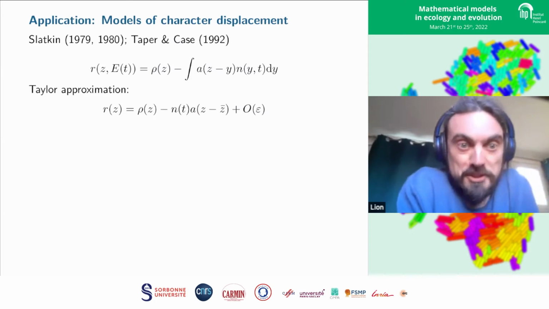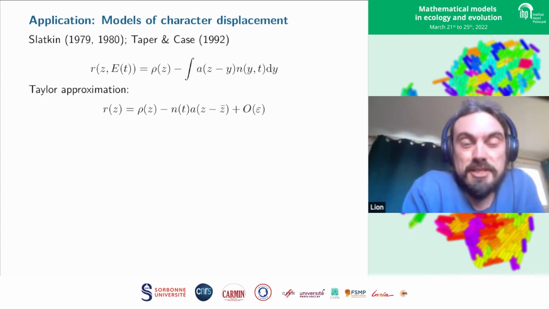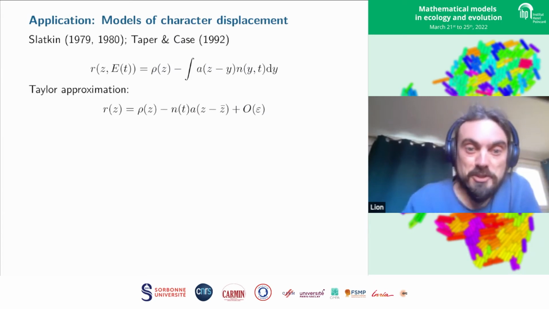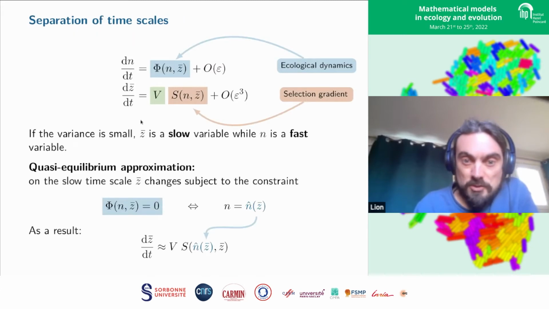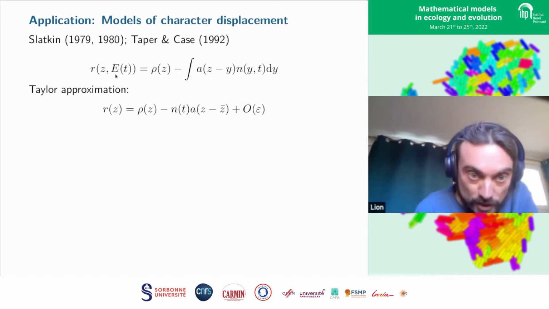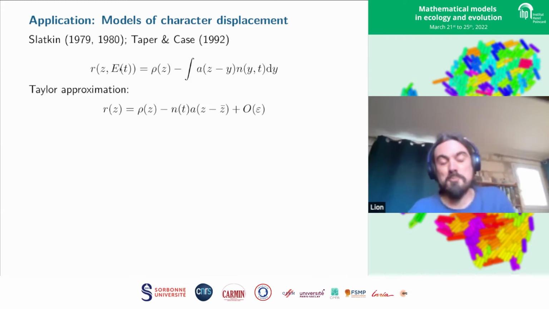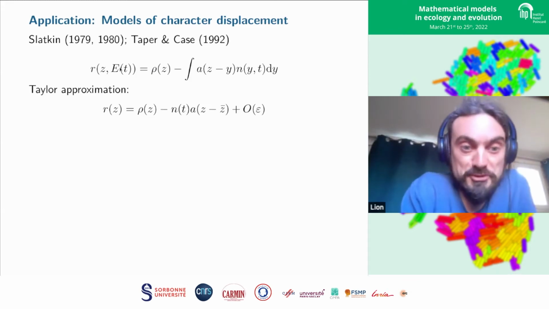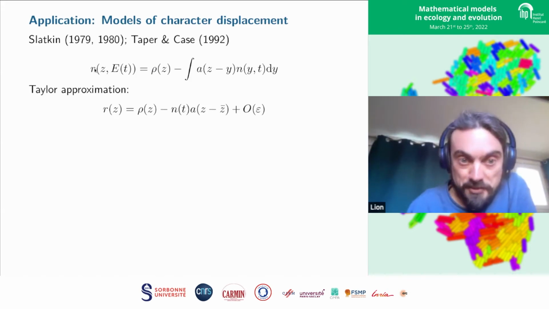A short application of this is a very classical model of character displacement, where the population growth rate for individuals with trait Z is going to be given by this function. I will come back to the meaning of this E later, but for now, let's just say it's a function of Z, the trait.